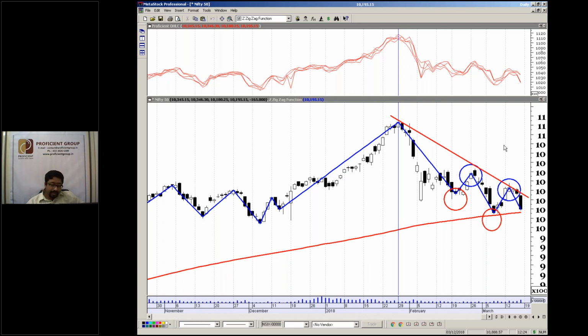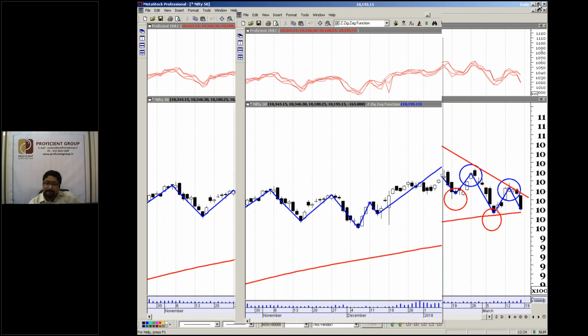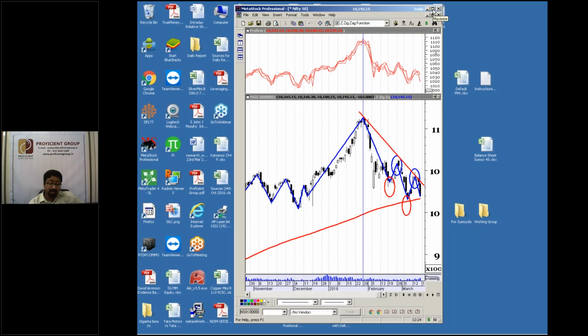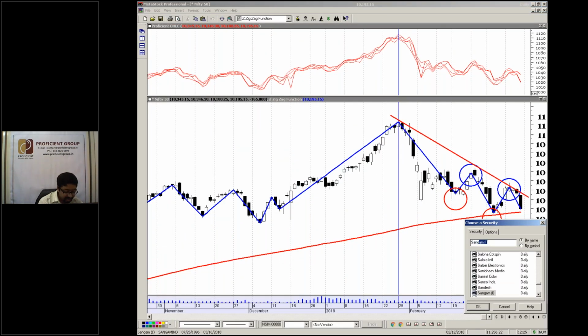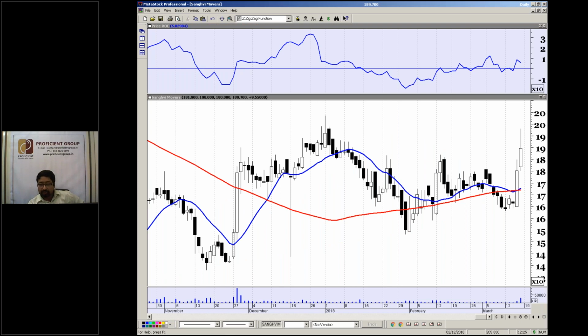Now you can do your own analysis and let's see if there is any good stock. Yes, you can see the stock that successfully breached its previous high here.